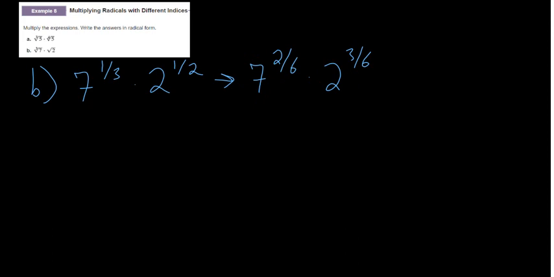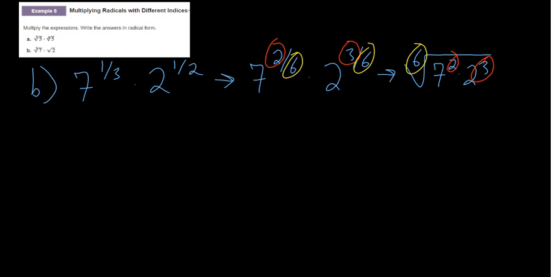It's going to be the sixth root of 7 squared times 2 cubed. Again, the squared just happens to be here, and this cube is here, and the 6 here is the 6 right there.